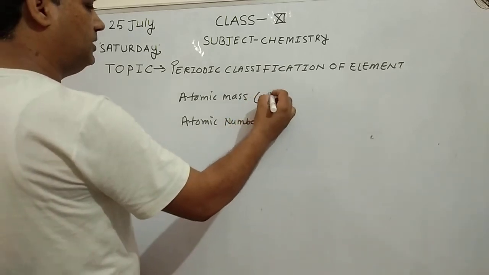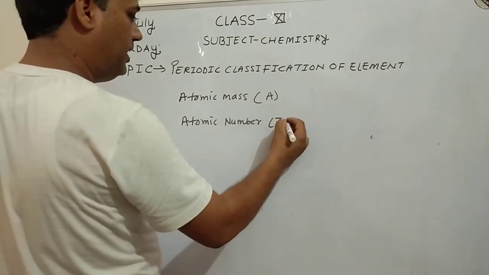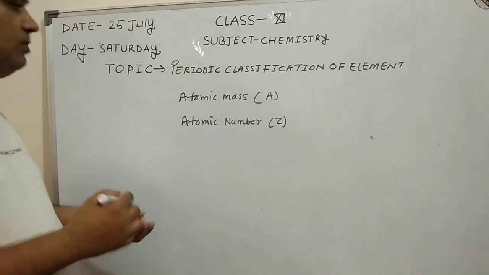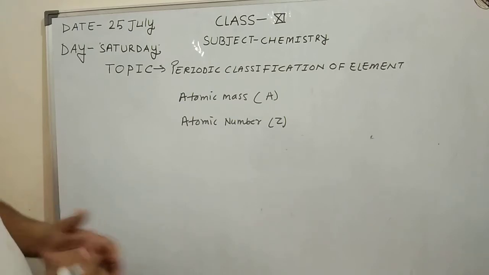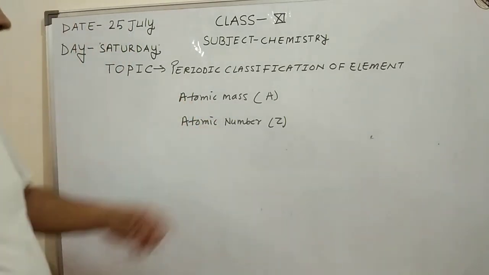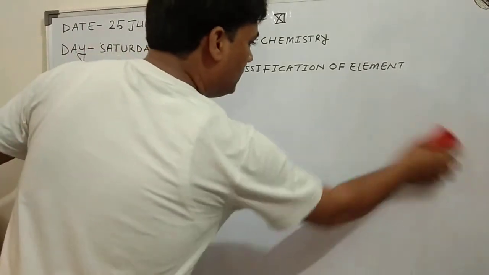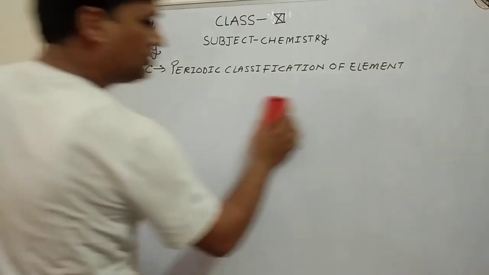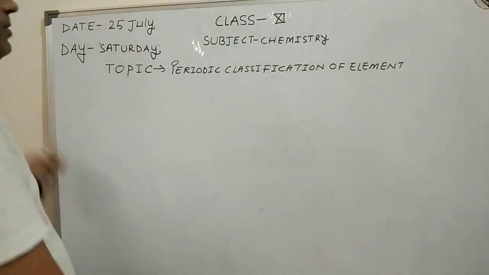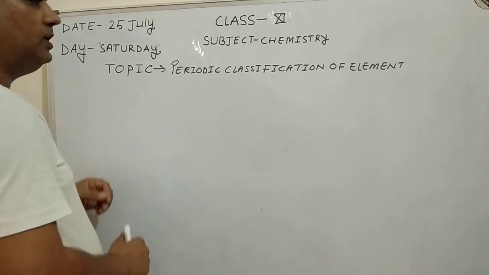Atomic mass is represented by A and atomic number is represented by Z. So it is very important to understand the concept of atomic mass and atomic number. Okay. Atomic mass I have discussed: the mass of an atom with respect to AMU is known as atomic mass, and atomic number is equal to the number of protons present in an atom.